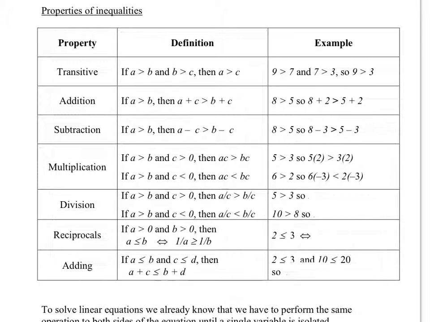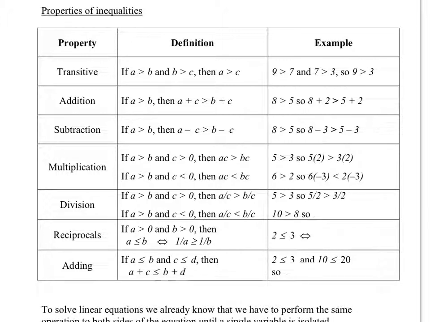The same thing applies to division. If you divide both sides by a positive number, then there's no problem. Right? So 5 is more than 3, becomes 5 divided by 2 is bigger than 3 over 2. There's no problem there.